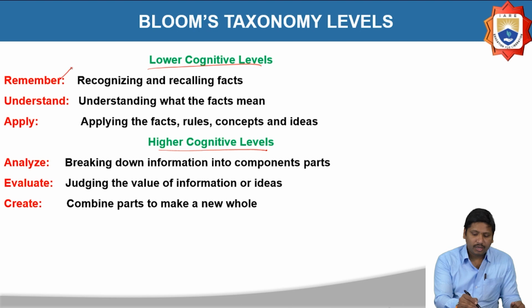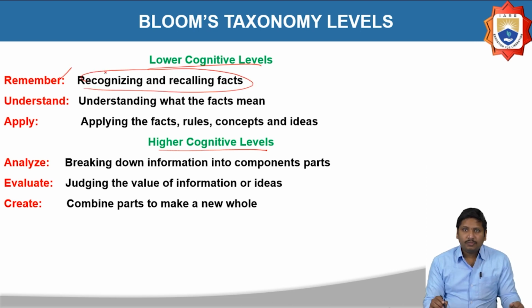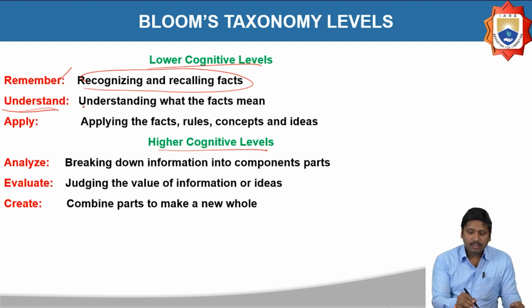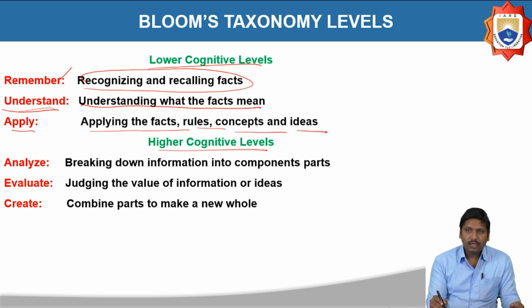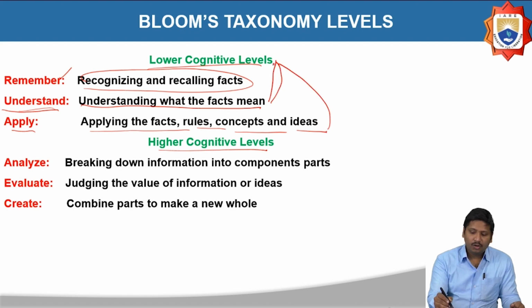Remembering, that is recognizing and recalling the facts, comes under the lower cognitive levels. Understand, that is understanding what the fact means, and apply, that is applying the facts, rules, concepts, and ideas, are also treated as lower cognitive levels.